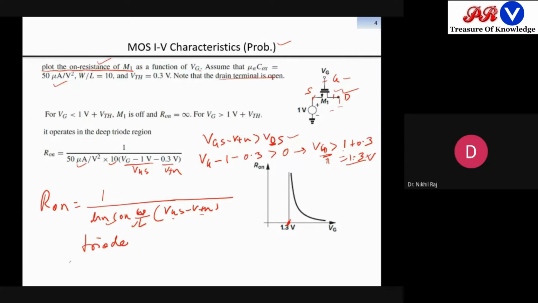If VG is greater than 1.3 volt, it will remain in triode, and we can see that when VG is increasing, the resistance will start decreasing. This means at 1.3 a certain amount of resistance was there, some X value, and with increase in VG it starts decreasing. And if VG is very high, the resistance will go to a very minimum value and almost tend to 0. So this will be an approximate graph of this on resistance.